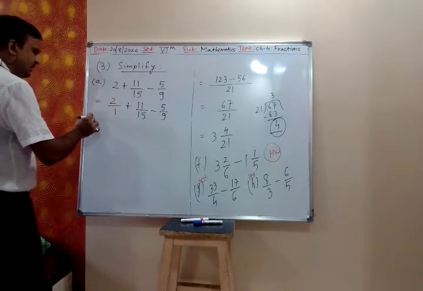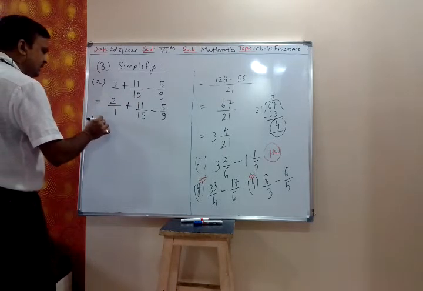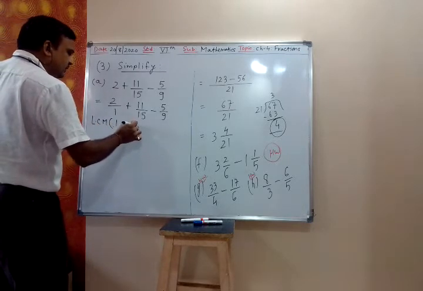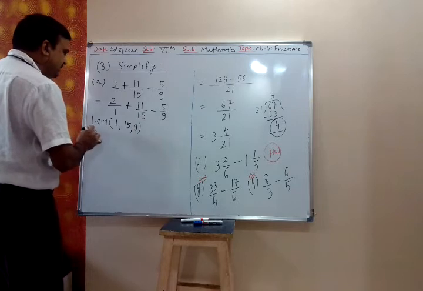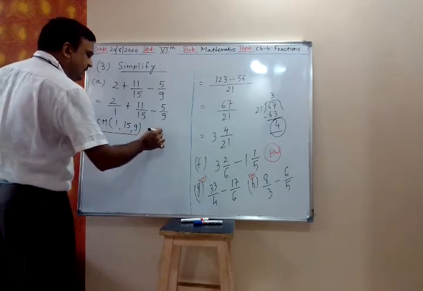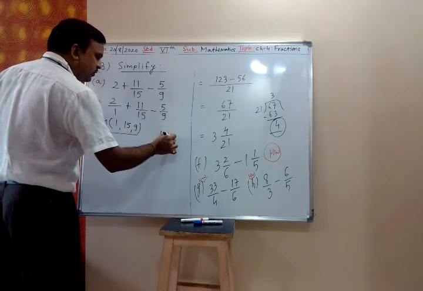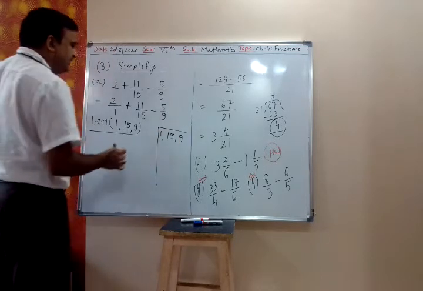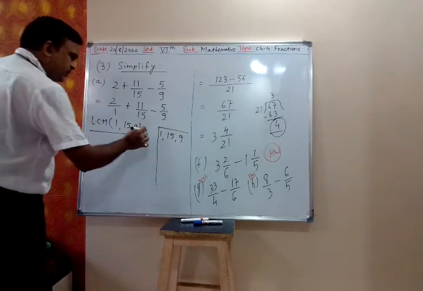So using the common division method, we find the LCM of 1, 15 and 9. We find the LCM because we want to convert them into like fractions.